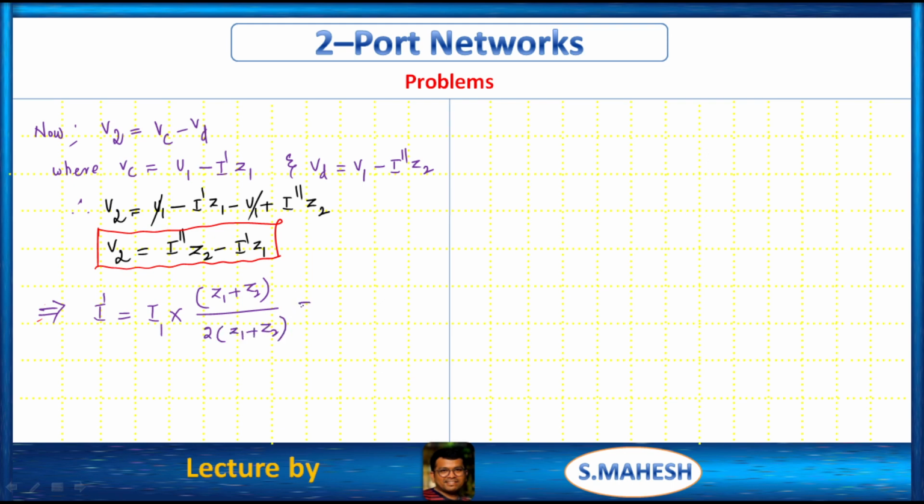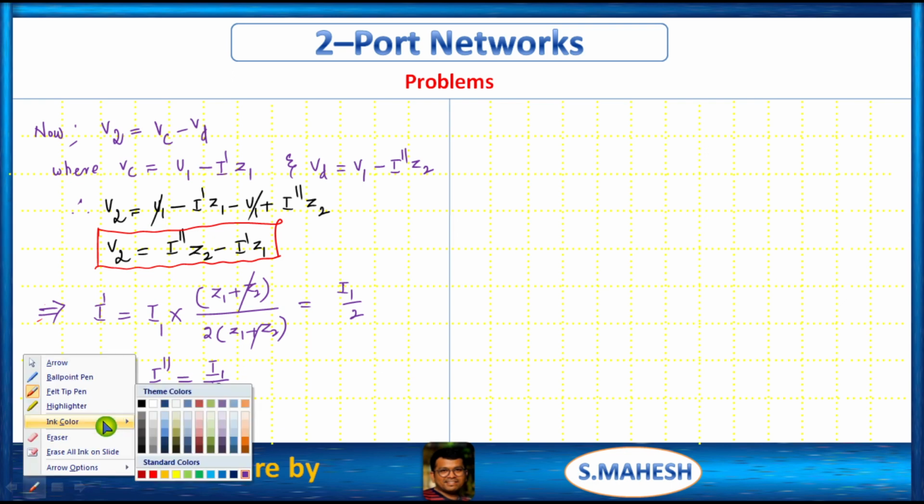From this we get I1 by 2. Similarly, I1 double dash is also I1 by 2, because the same value of impedance is present in the parallel branch. That's it, source current by 2.